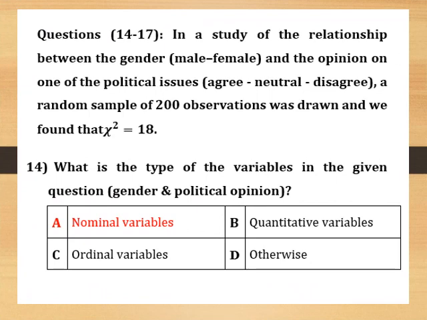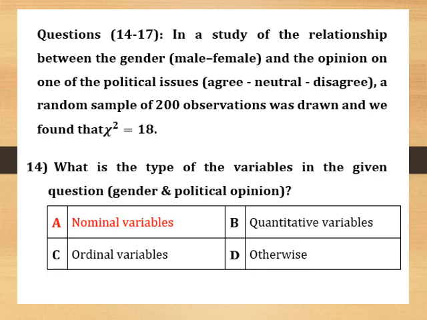Questions from 14 to 17. In a study of the relation between gender and opinion on political issues. Gender consists of two faces, male and female, and political opinion consists of three faces: agree, neutral, disagree.